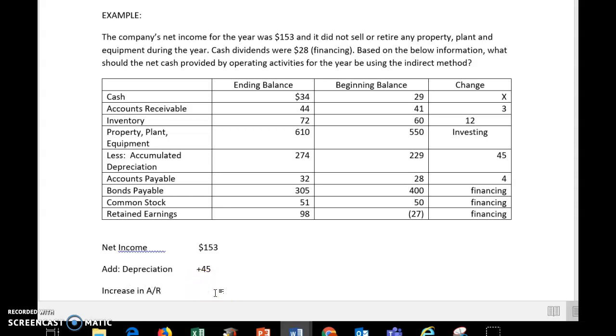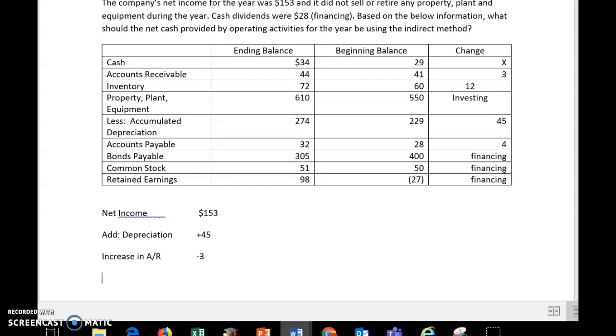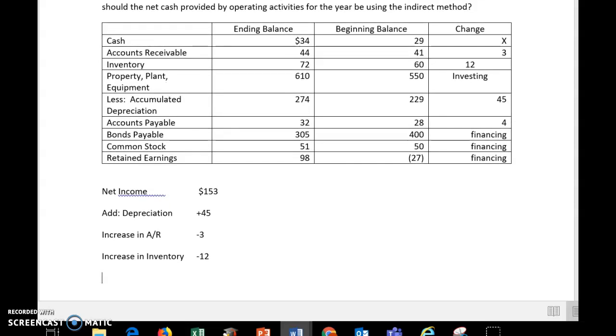Since that is an asset, and I have an increase, I would subtract that difference. Next, I have an increase in inventory. Since again it is an increase and it's an asset, I would subtract that.